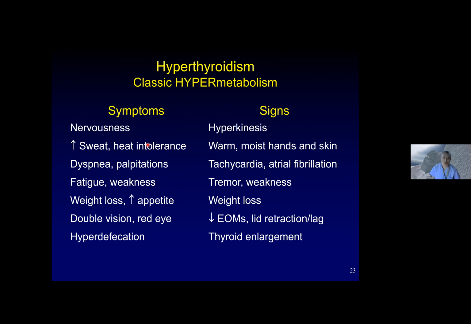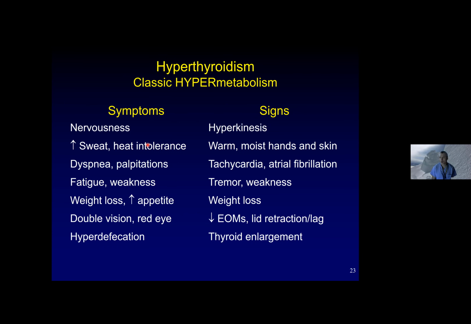So now moving on to hyperthyroidism, the symptoms are somewhat the opposite of what we were mentioning before, to some extent. And those are anxiety and nervousness, increased sweat, heat intolerance, dyspnea and palpitations, fatigue, weakness, weight loss, increased appetite, double vision or red eyes, diarrhea.